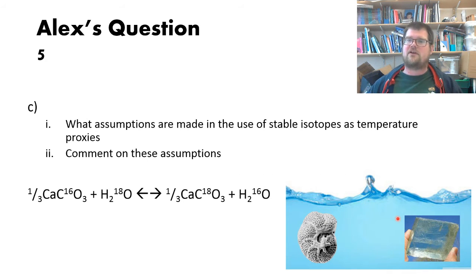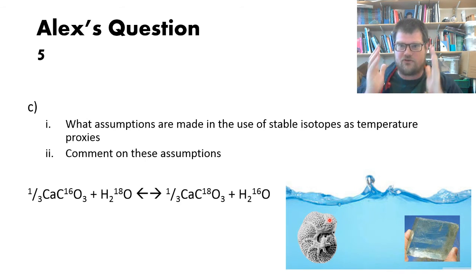So first of all, the main assumption we make is that the isotopes between the water and the carbonate that we're measuring are in isotopic equilibrium. So that means that there's a complete exchange of isotopes between the water and the carbonate as the carbonate is growing, as the foram is producing its shell.